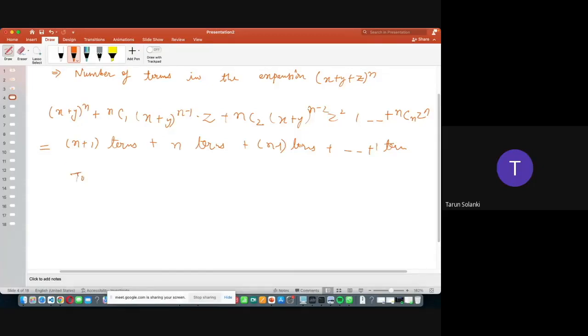So that means the total number of terms will become (n + 1) + n + (n - 1) and goes up to the last, 1. So it becomes (n + 1)(n + 2)/2.